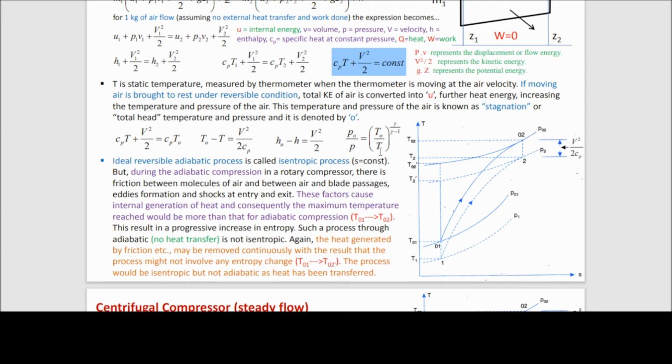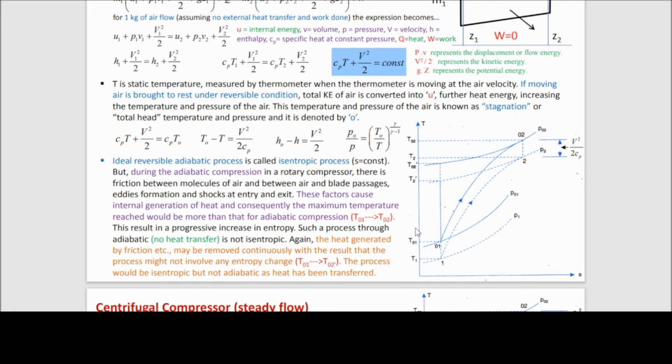This is the relation for your adiabatic or polytropic process that we have already seen in the earlier classes in the reciprocating compressor. So remember this: T0 by T is equal to (P0 by P) raised to (gamma minus 1) by gamma, or just opposite, P0 by P is equal to (T0 by T) raised to gamma by (gamma minus 1).